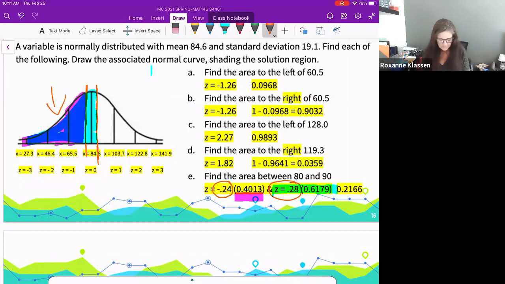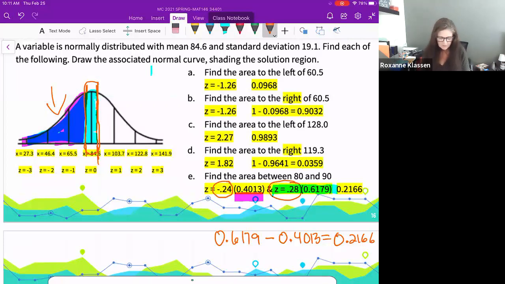So if I want to find this part in the middle, in between them, I will take this 0.6179 and subtract off 0.4013, and that will give me this value of 0.2166.